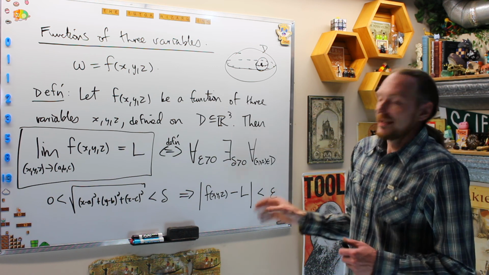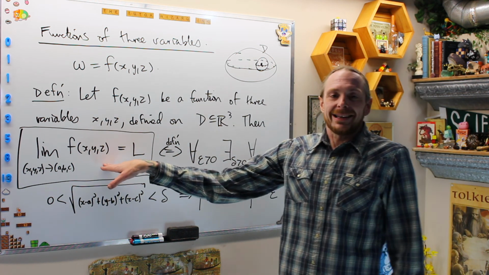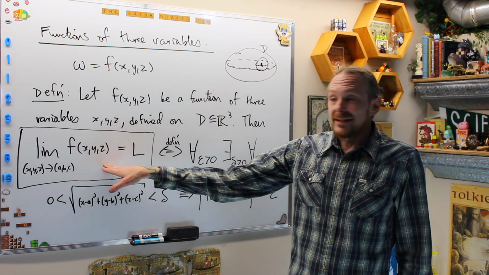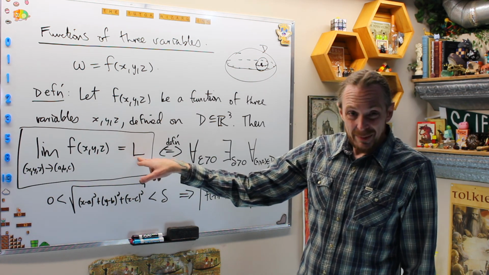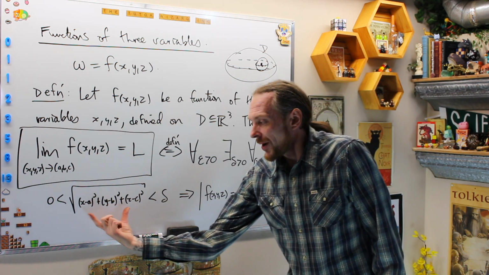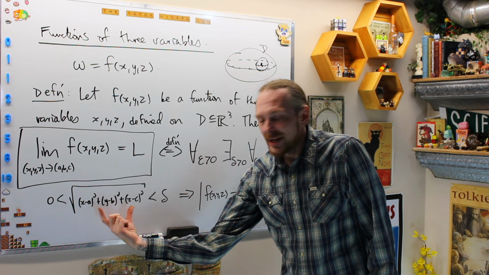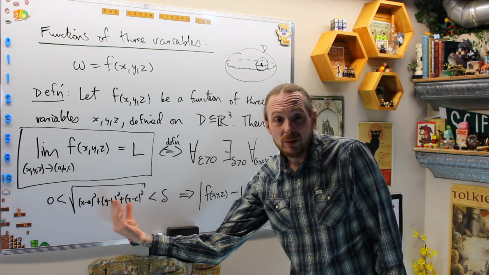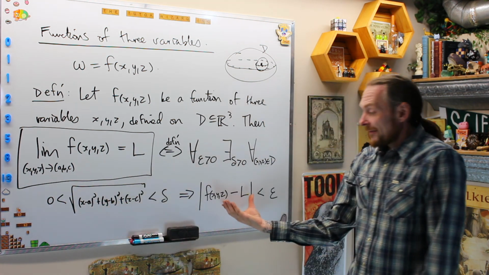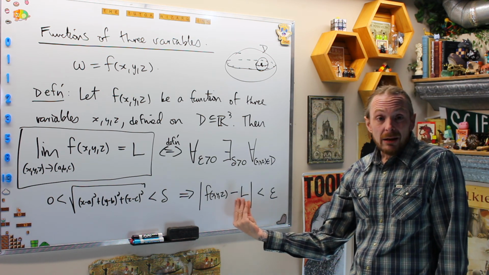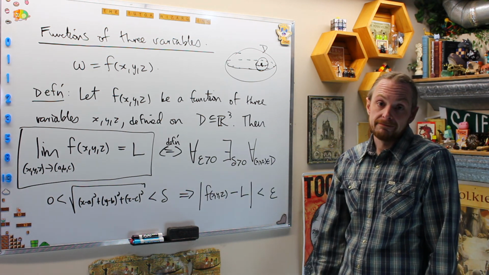What is that saying again? We write this horrible symbol and say that the limit of f of x, y, z is L if when I get points in my domain x, y, z to get arbitrarily close to ABC, my function's values get arbitrarily close to L. And that's what we're saying.